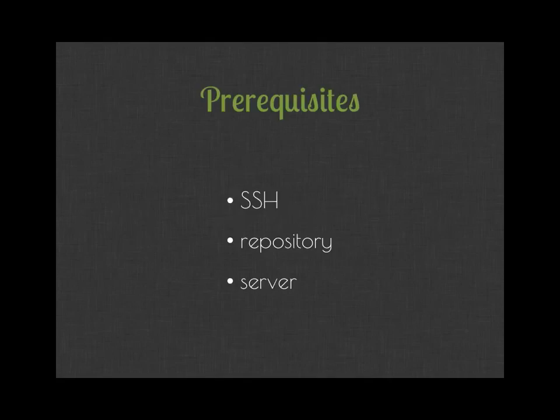So what are the prerequisites? First of all, as I said, SSH. And of course, you need a repository because your servers need to access it to download the most recent code. And last but not least, of course, we need a server, or preferably multiple servers.